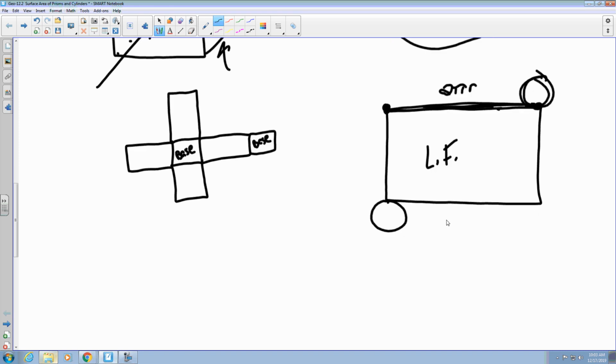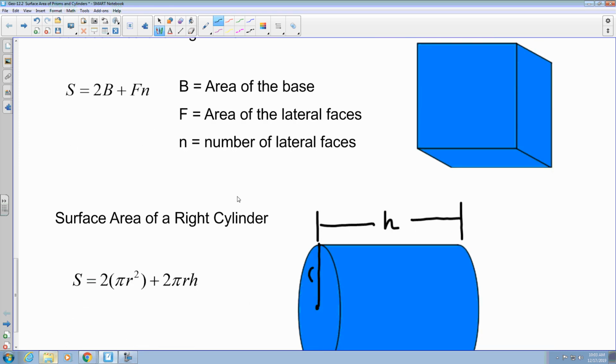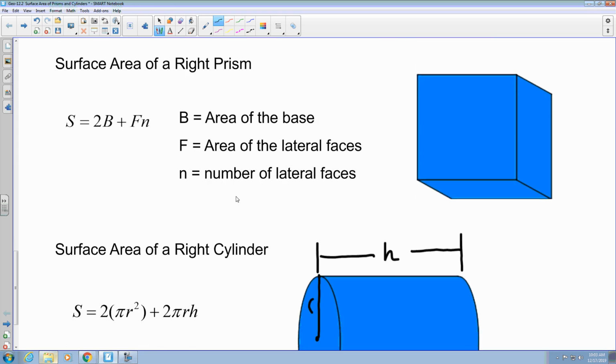So here are the two formulas that we're going to look at when it comes to surface area, if we're looking at a right prism or a right cylinder. For the prism, it's going to be 2B, where B is the area of the base, plus the area of the lateral faces times the number of lateral faces.